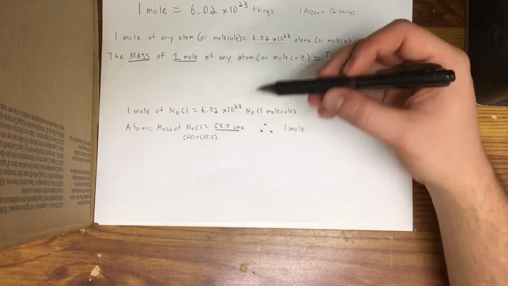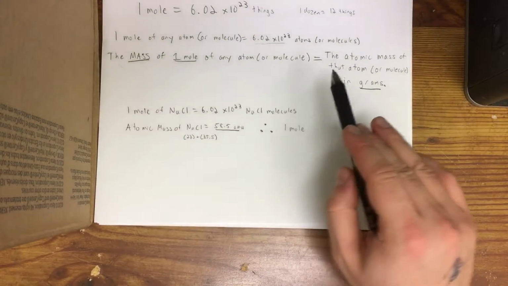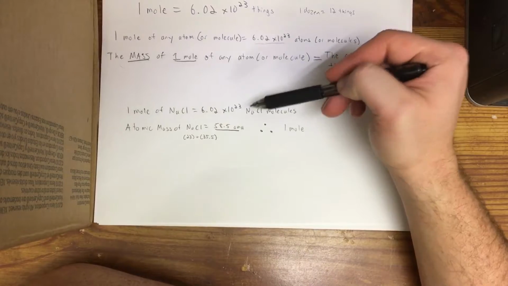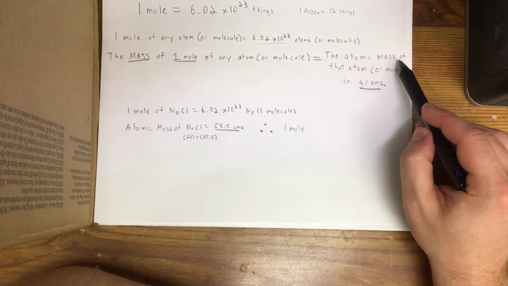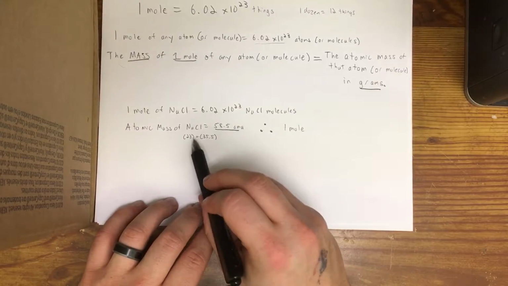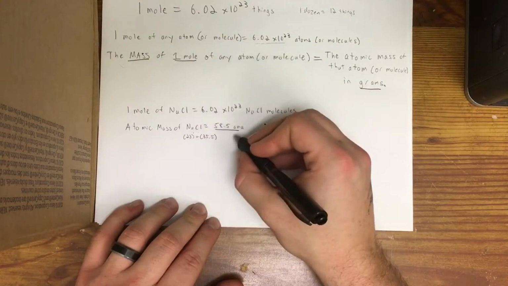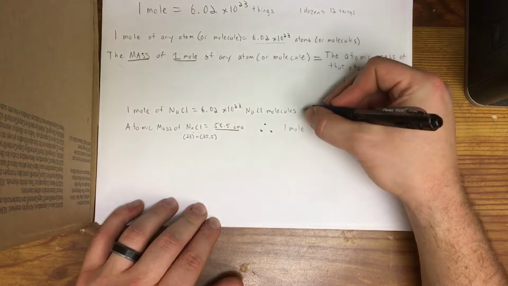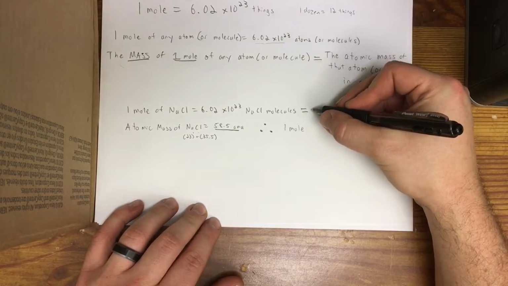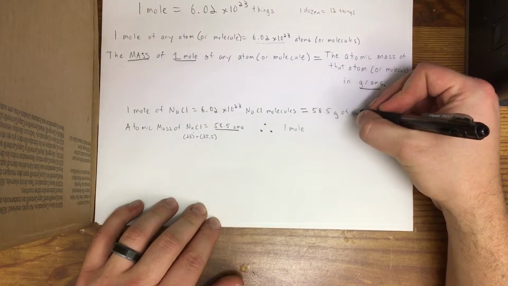Because moles are so convenient for this, and we know that the mass of a mole of atoms or molecules is equal to the atomic mass of that atom or molecule in grams, the atomic mass of 1 sodium chloride is 58.5 AMU, but the mass of a mole of molecules is exactly 58.5 grams.